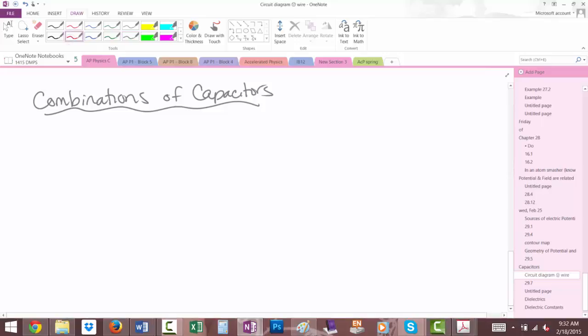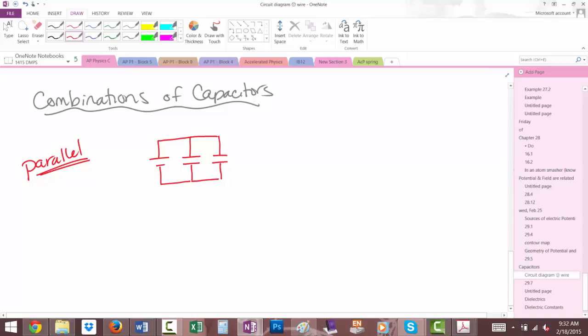The first one is parallel. To put things in parallel, the easiest way to remember this is that the wires are going to go parallel to one another. It's pretty straightforward. So a circuit that has two capacitors in parallel will have them branched off like this and both attached to some potential difference.